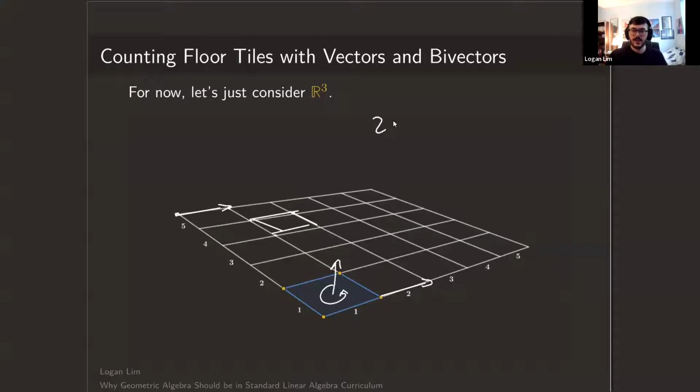So you could imagine us saying that we have 25 times this bivector, because 25 is how much we're multiplying the area to get this.